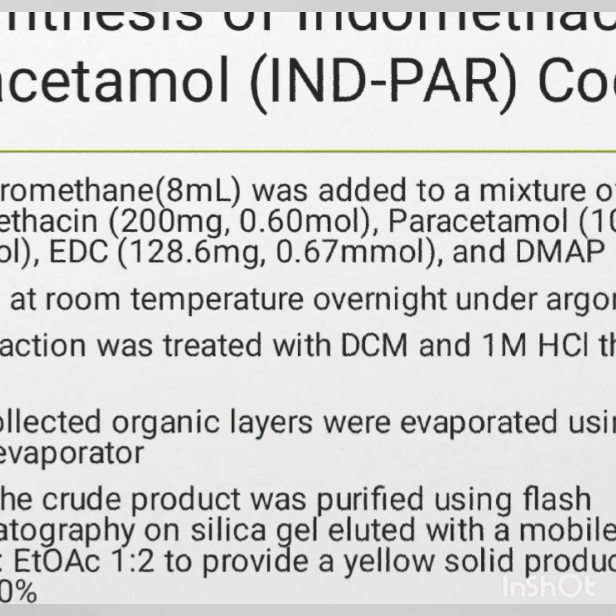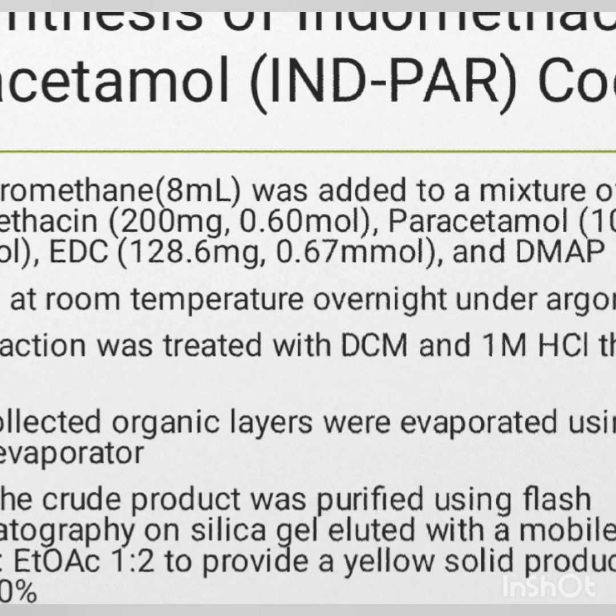First of all, we take dichloromethane 8 ml and it was added to a mixture of indomethacin, paracetamol, EDC, and DMAP, which stands for dimethylaminopyridine. So dichloromethane 8 ml was added to the mixture of indomethacin 200 mg 0.60 mmol and paracetamol 101.4 mg 0.67 mmol and EDC 128.6 mg 0.67 mmol and DMAP.